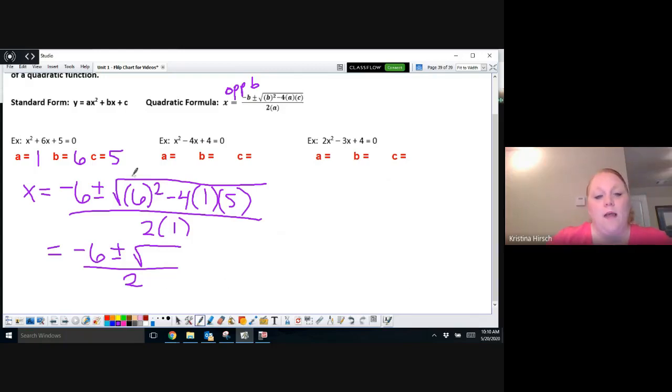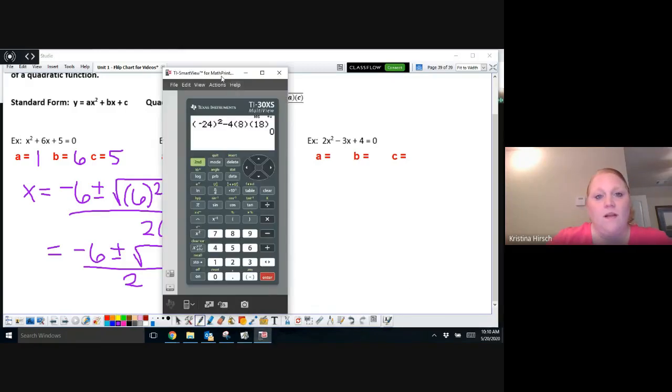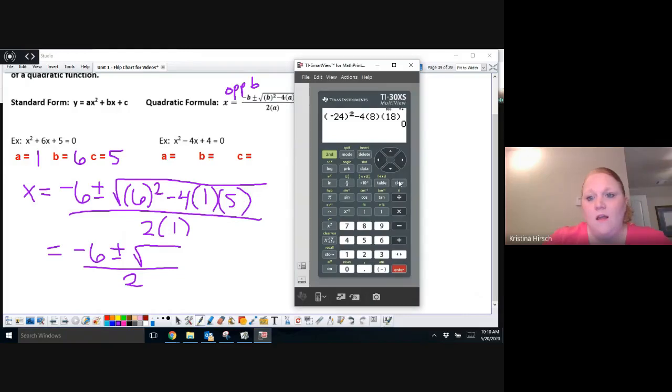All right, so in my calculator, I'm going to figure out, well, what is that discriminant portion? I'm not going to type the radical in because I want to see the actual discriminant. So I'm just going to use parentheses 6 squared minus 4, A is 1, and C is 5. And I got 16.